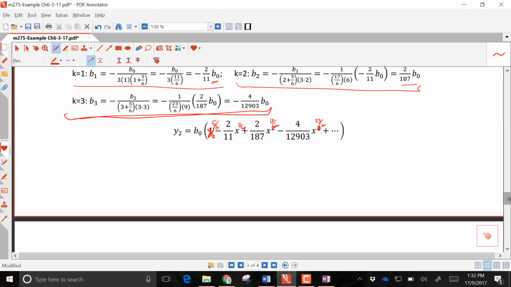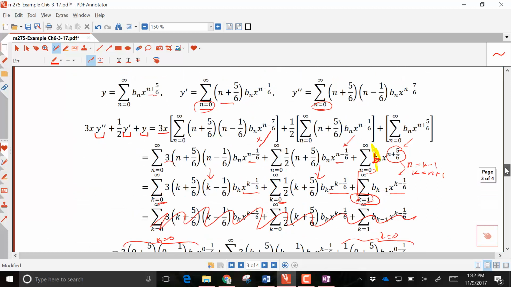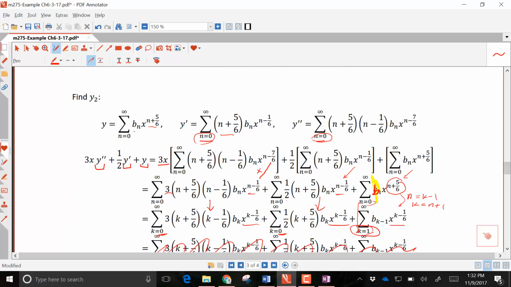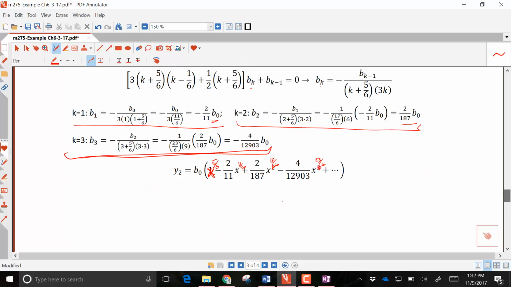So yeah, so that's not equal to 1. Thanks for catching that. Our series should be b sub n x to the n plus 5/6, where n goes from 0 to infinity. So the first term would be b sub 0, x to the 0 plus 5/6. So our first term should have an x to the 5/6 in it. So it's not equal to 0.